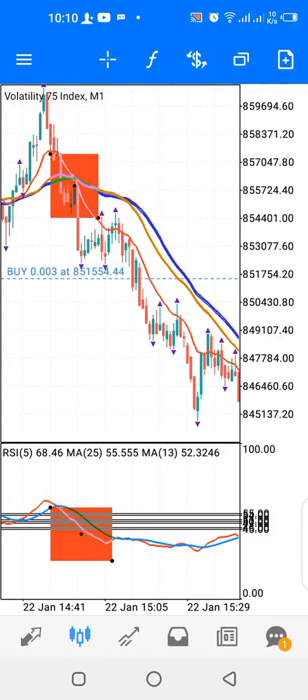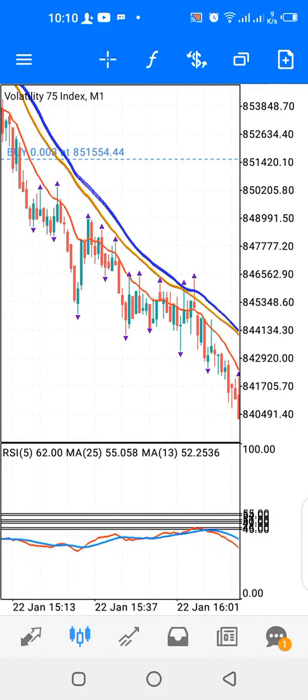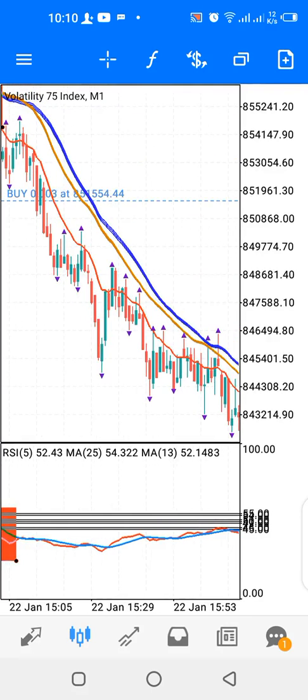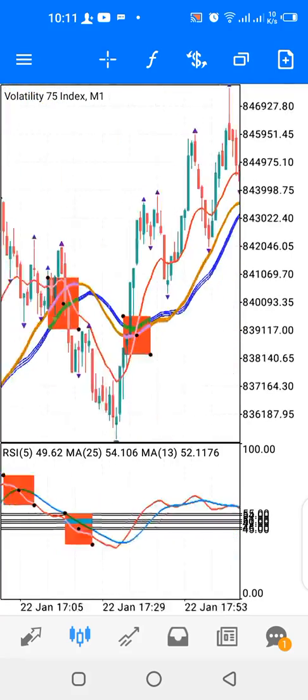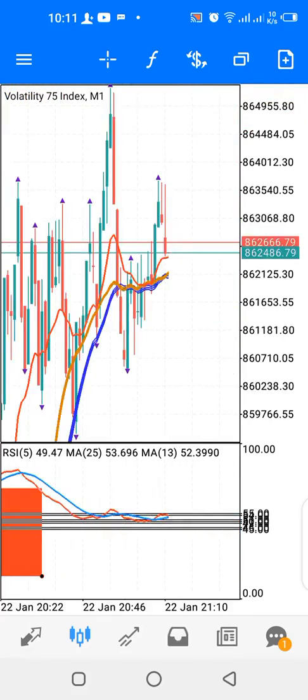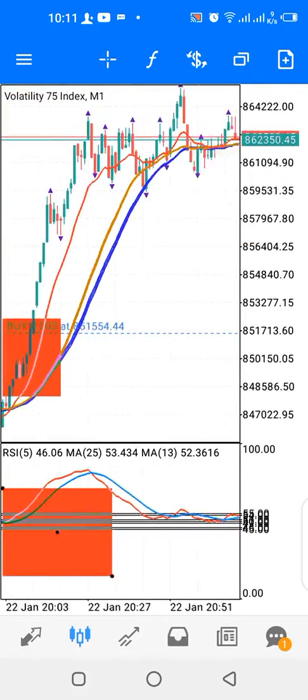It's a good strategy. You can use it on the 1 minute time frame, you can use it on 5 minutes, on 15 minutes, on 30, on 1 hour. But when you have a new strategy, make sure you back test that strategy. Don't go live immediately. You can back test it, check it out, then try it on a demo account.